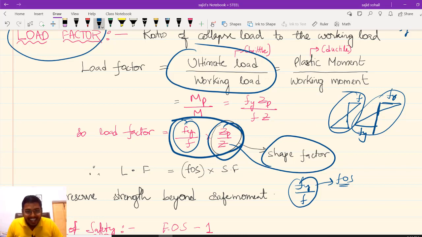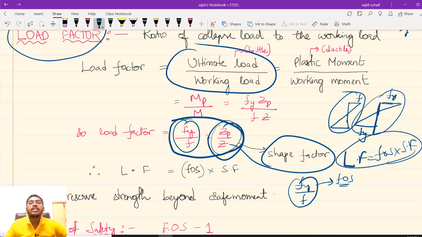Do you remember? You might have seen this, yield strength divided by working stress, so it is the factor of safety even in your RCC or SOM. So I can write load factor as factor of safety into Zp by Z, which is nothing but my shape factor. So my load factor is nothing but factor of safety into shape factor.